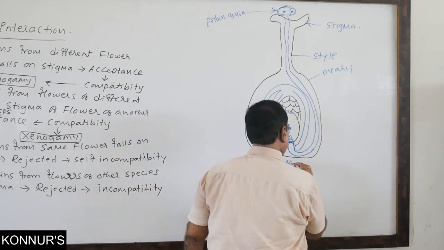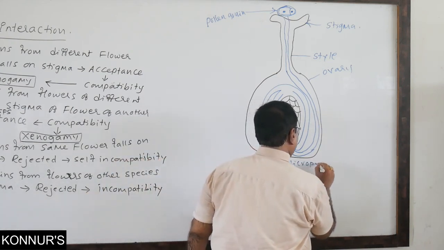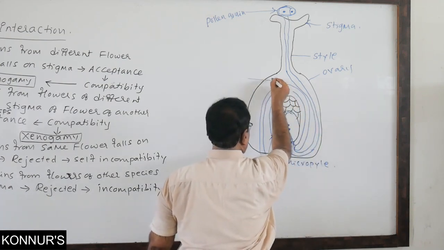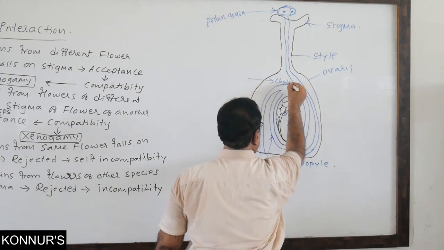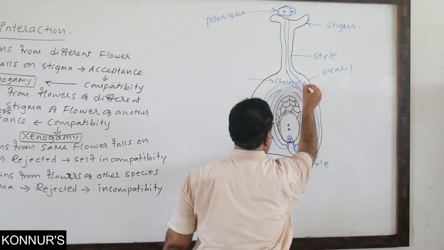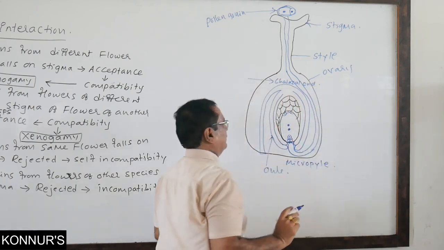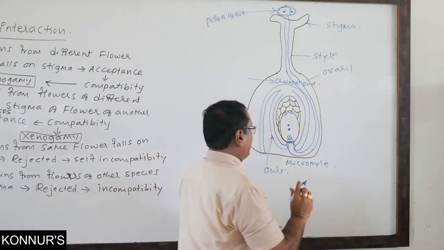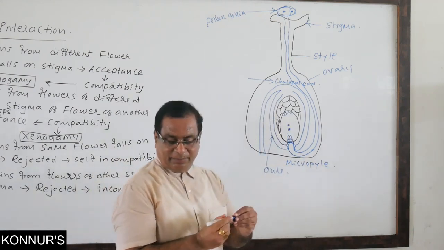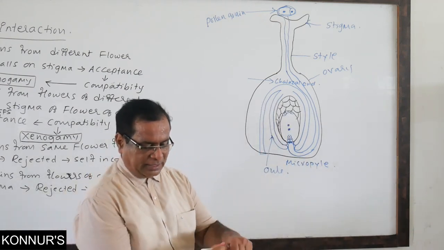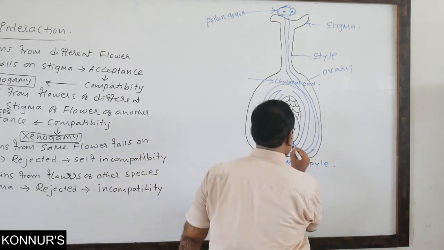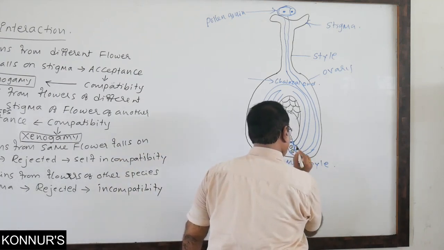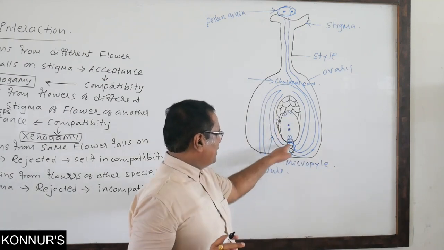This is the micropylar end, and this is the chalazal end. It has two gametes, two male gametes. Now they enter inside.